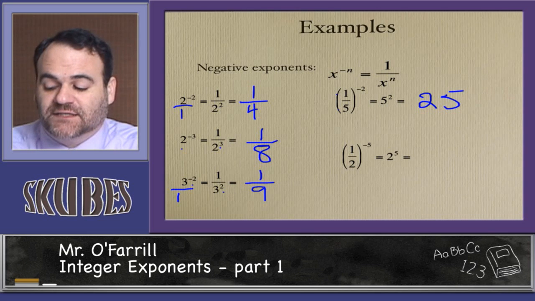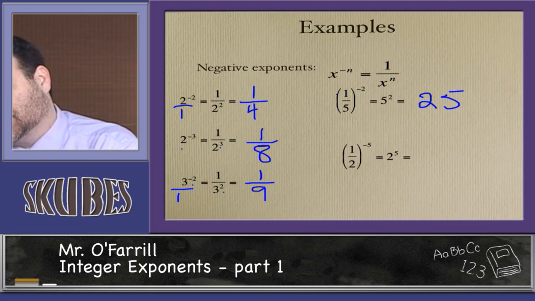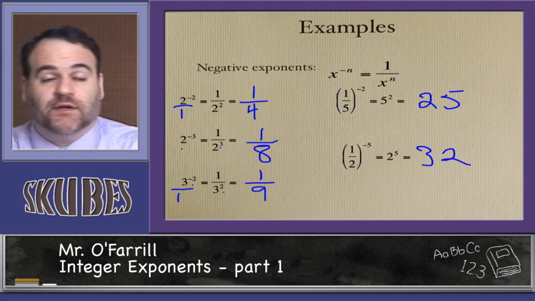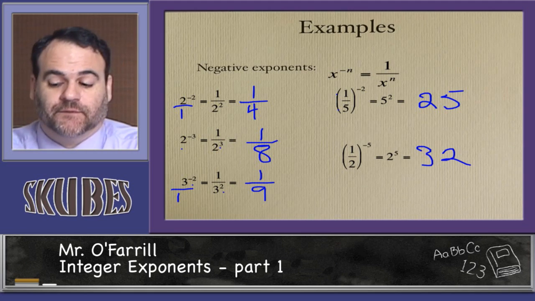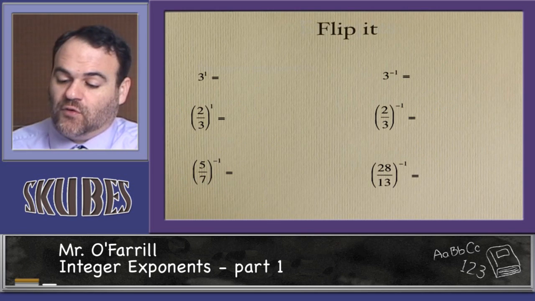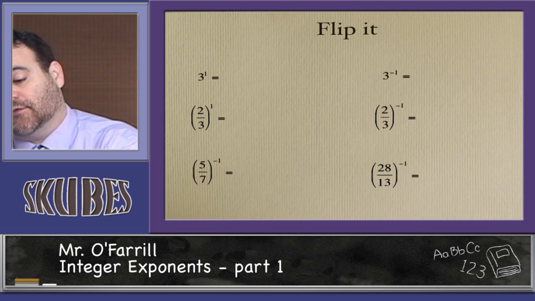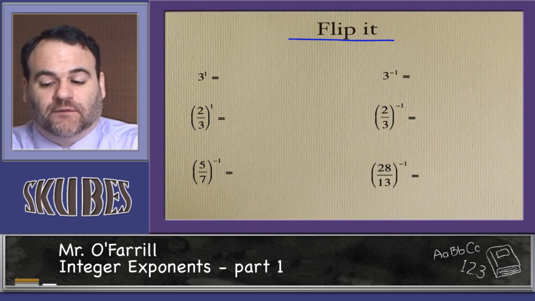Or 1 over 2 to the negative fifth power is simply 2 to the positive fifth power, which, like we said on an earlier slide, is 32. All right. And that is the big idea for negative exponents, is all you need to do is flip it.